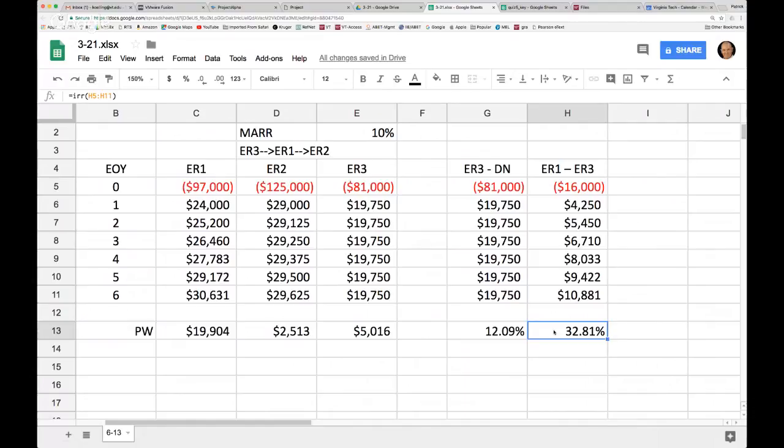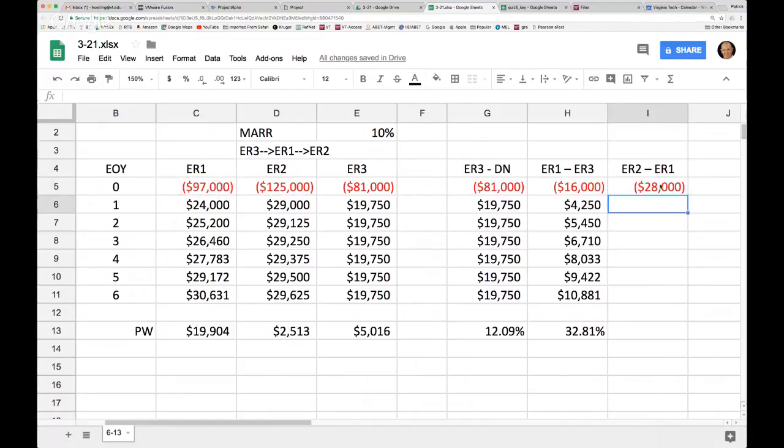And so now we have one alternative remaining, and that alternative remaining is ER2. So we'll look at ER2 minus the current winner, ER1. And again, very simple. ER2 minus ER1.